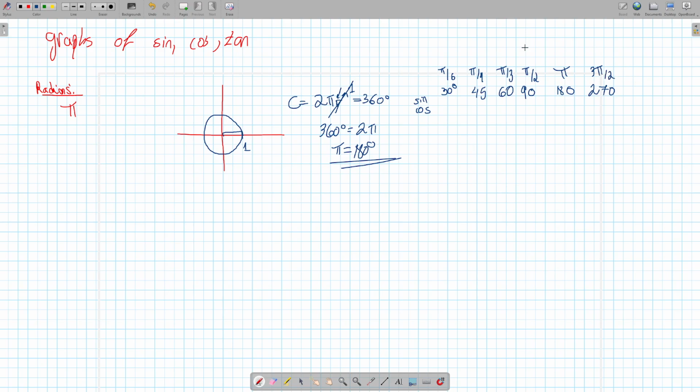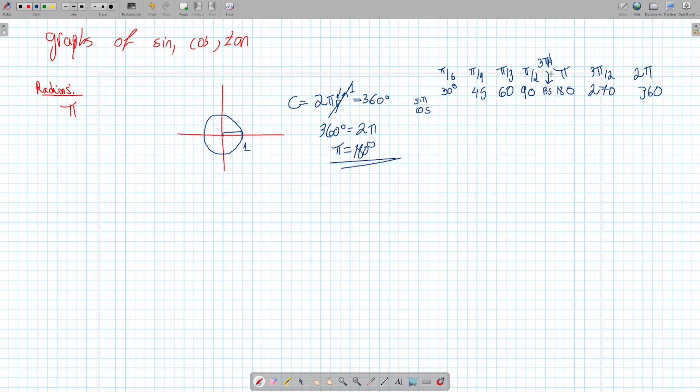You're going to see maybe 3 pi over 4, which is actually 135 degrees. 3 pi over 2 is 270. 2 pi is 360. You need these angles, just so you see them. You don't have to memorize these, but these are so you can get used to it.